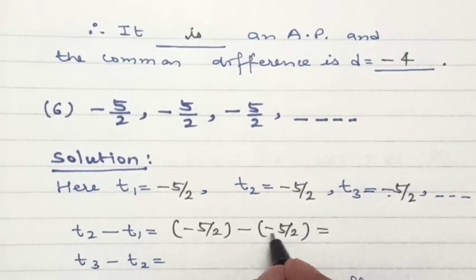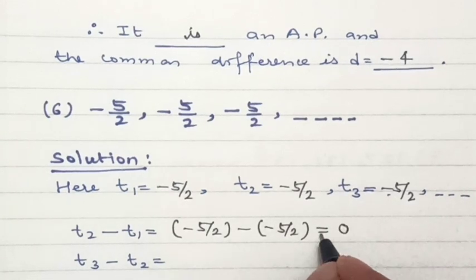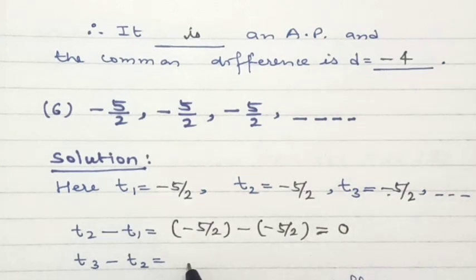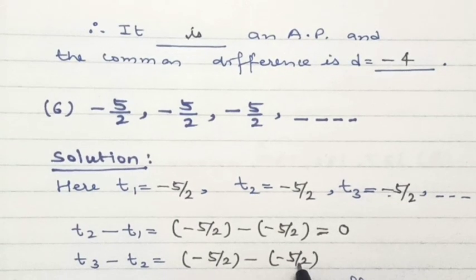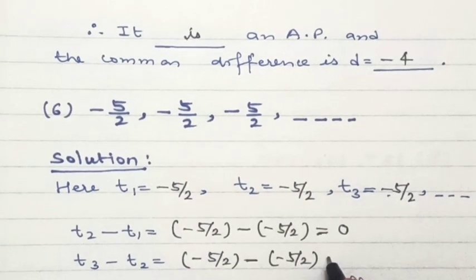You are finding out the difference of two same number, so you will be getting 0 because you know A minus A is 0. Same way, again T3 is minus 5 by 2 and T2 is minus 5 by 2. Both are same numbers, you are subtracting, so your answer will be 0. So here your difference is 0.